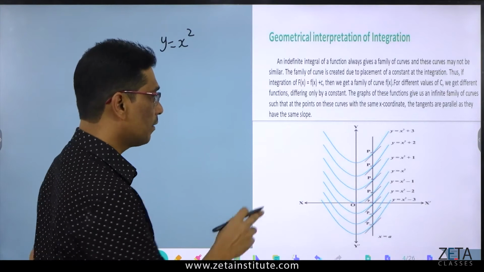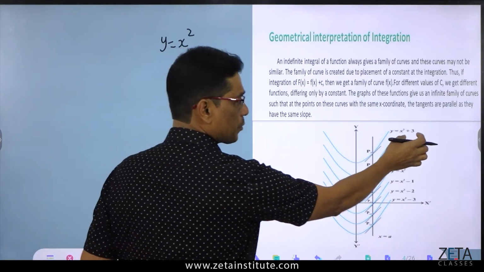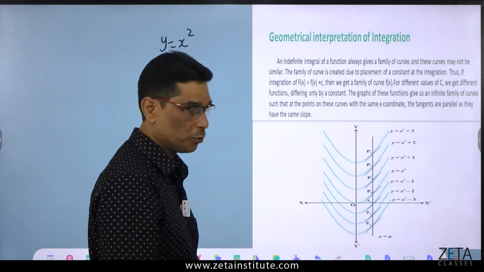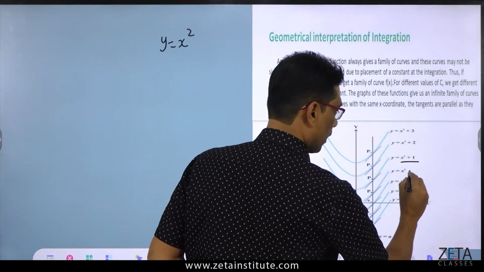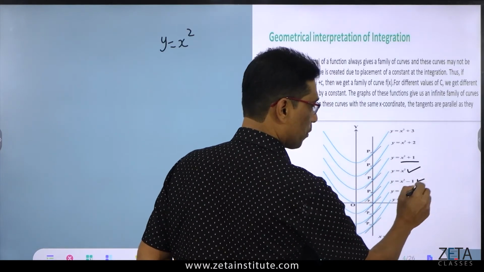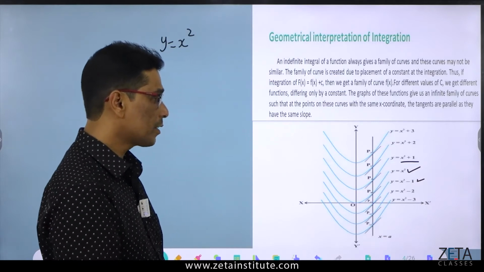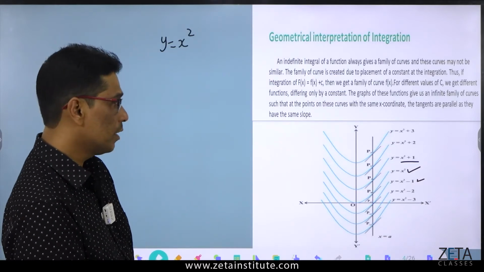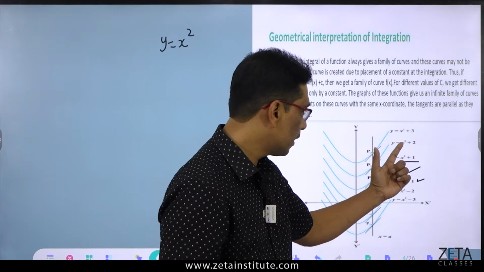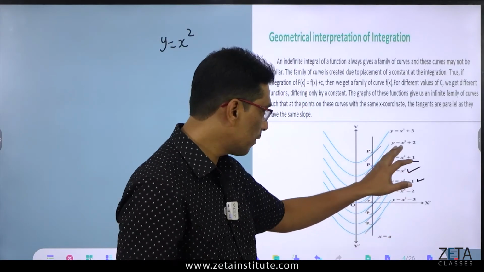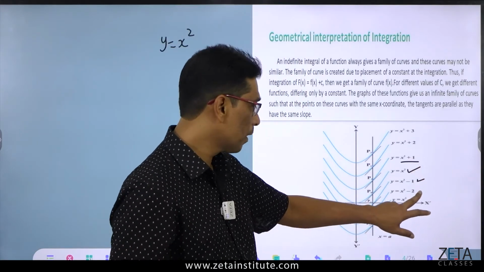In the same way I wrote x square plus 3, x square plus 2, x square plus 1, and here x square minus 1, x square minus 2, x square minus 3 also. So the function y is equal to x square is the same everywhere, but we are adding the constants plus 3, plus 2, plus 1, 0, minus 1, minus 2, minus 3.